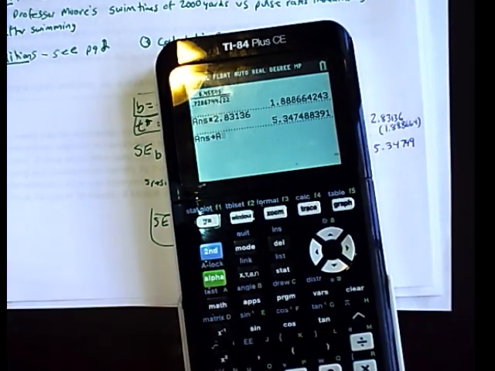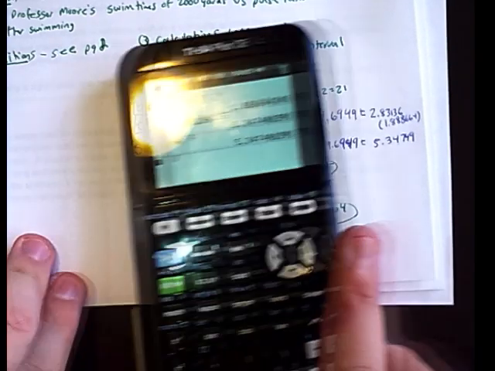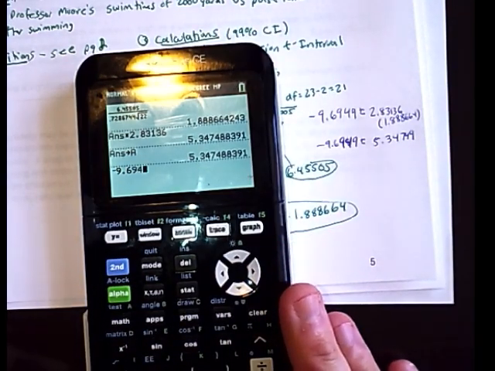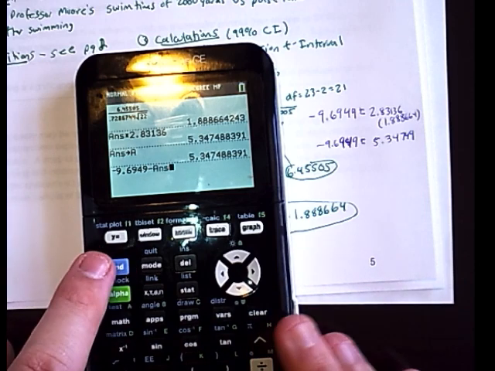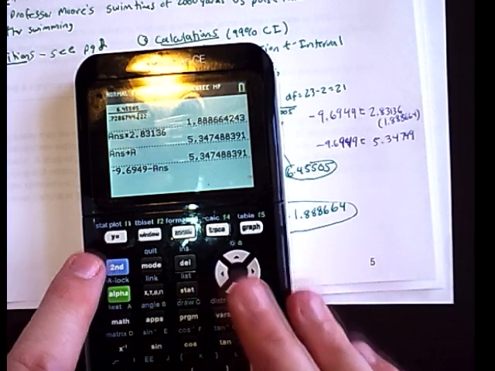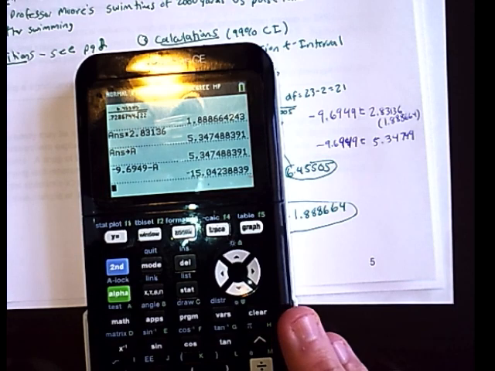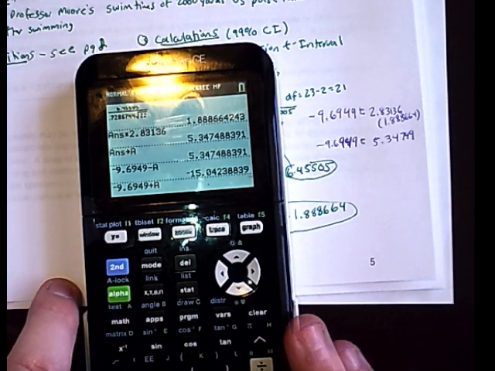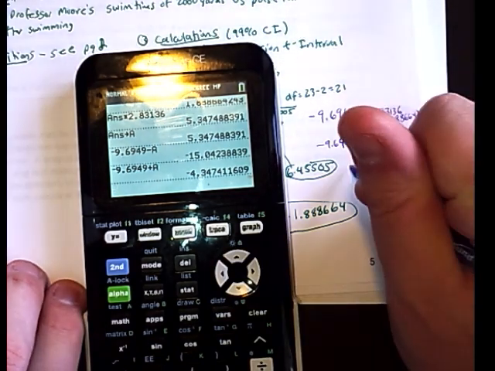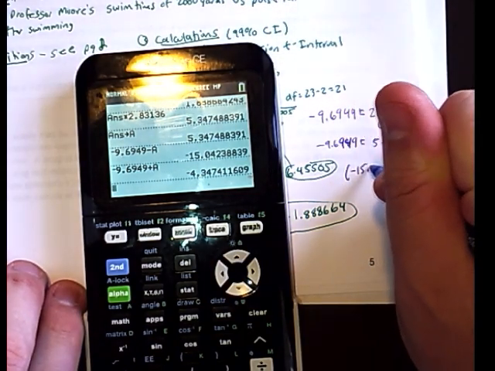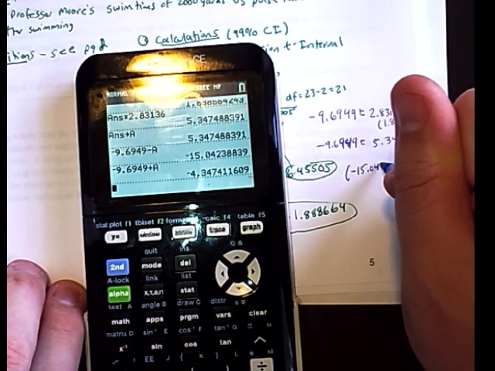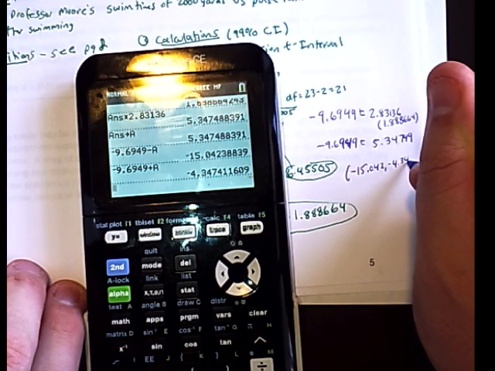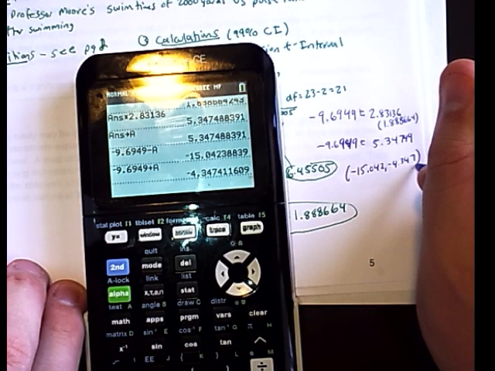I'm just going to store that as A real quick, so I can subtract it from the negative 9.6949. And then I'm going to do the same thing, and I can add it. So I get an interval somewhere between negative 15.042 and negative 4.347 roughly.